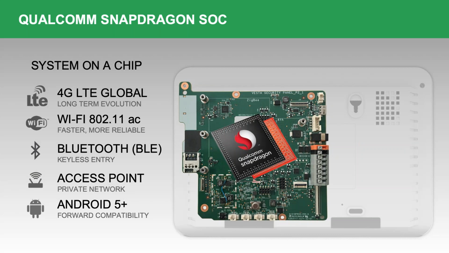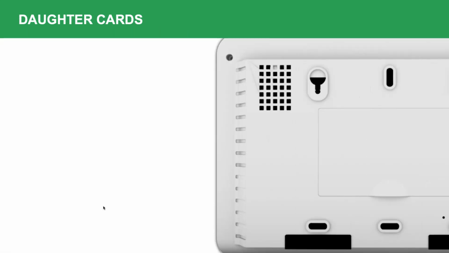As you walk into the house, as long as the panel's armed in away mode, it'll disarm your panel through Bluetooth. We have an access point on the panel, which allows you to tie in different devices, and we'll talk about what makes sense with the access point. And then we have Android on the panel for forward compatibility and doing upgrades that we talked about earlier.